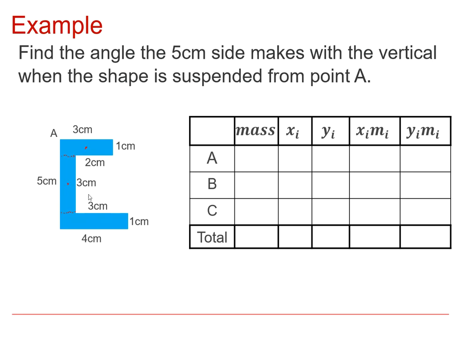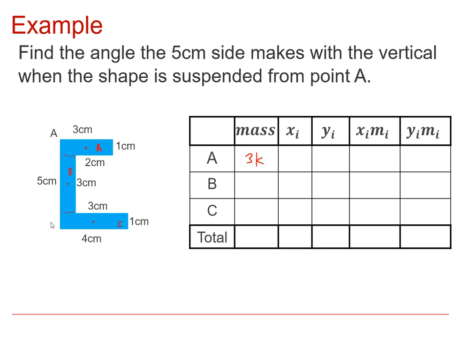Because they're rectangles, they'll just be at the geometric centre of those rectangles. And by thinking about the area of these, we can write down something which is proportional at least to the mass. So if we call this part A, this part B, this part C, then for part A, the mass, well, it's 3 centimetres by 1 centimetre, so it's got an area of 3, and so the mass will be 3k, where k is a constant.